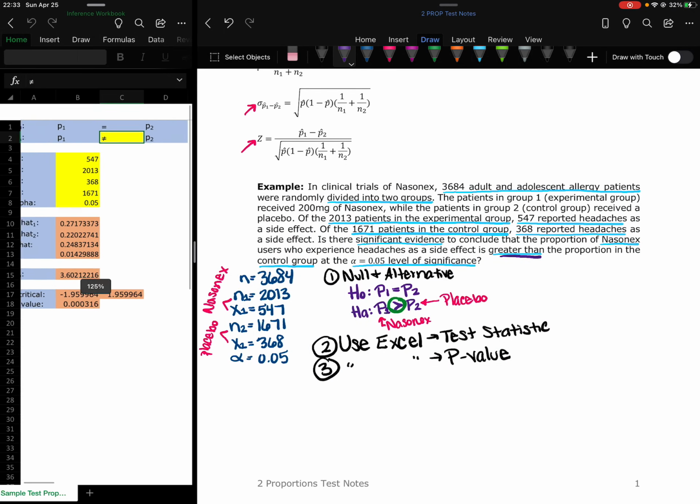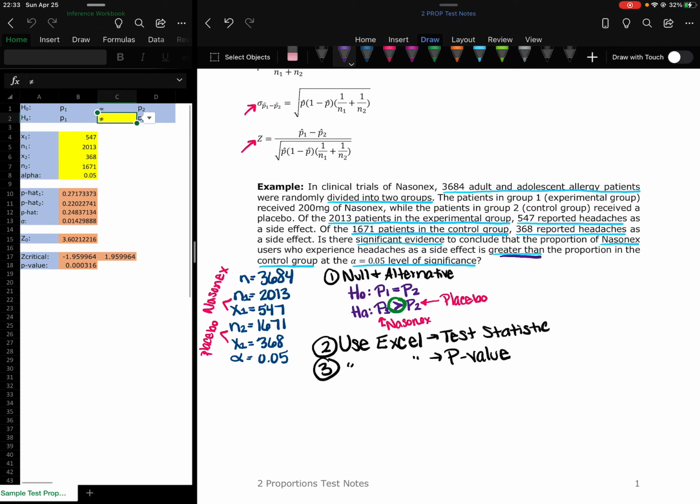So I have 2 samples of people. Let me zoom this out just a little bit. So notice here, you cannot change a whole lot in the null and alternative. The only thing you can change is the symbol. So we want to make sure that we put that on the greater than symbol because we want to know, is P1, the Nasonex group, bigger than P2?